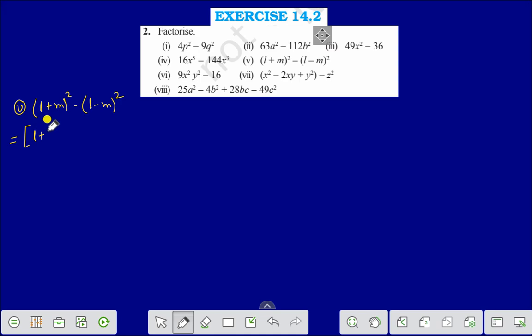That is (L plus M plus L minus M) into (L plus M minus L plus M).